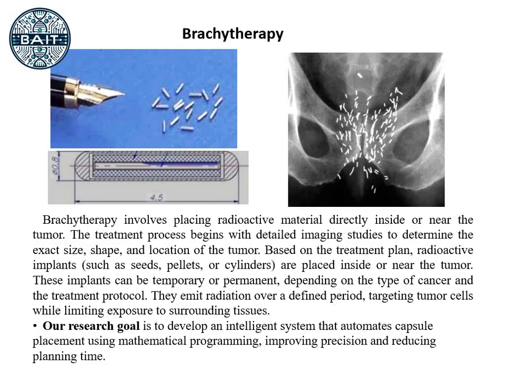Based on the treatment plan, radioactive implants such as seeds, pellets, or cylinders are placed inside or near the tumor. These implants can be temporary or permanent, depending on the type of cancer and the treatment protocol. They emit radiation over a defined period, targeting tumor cells while limiting exposure to surrounding tissues.